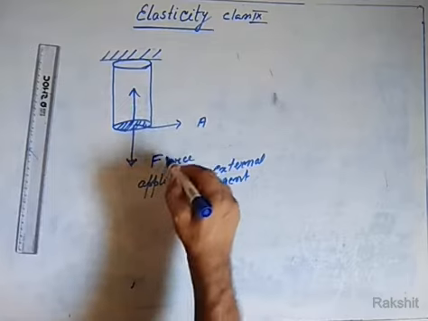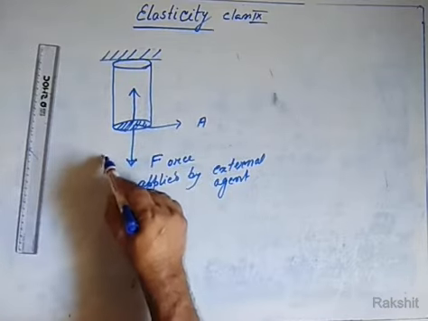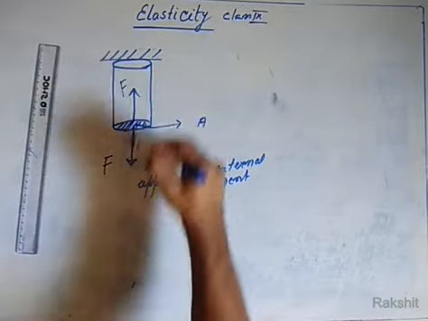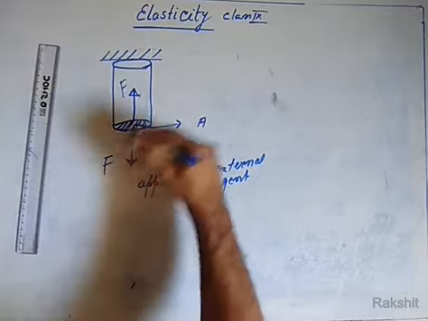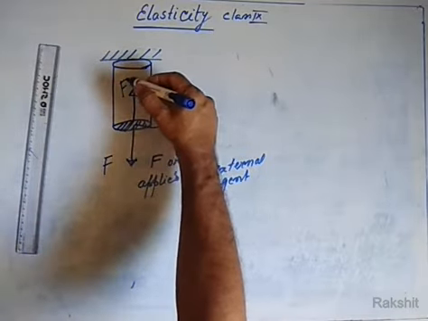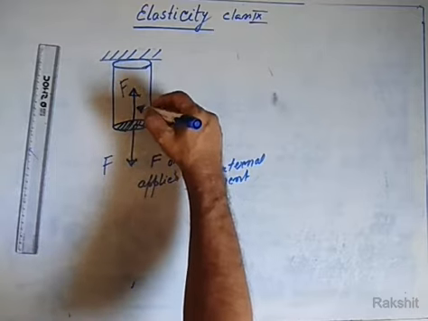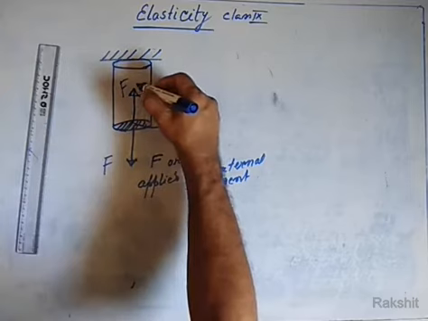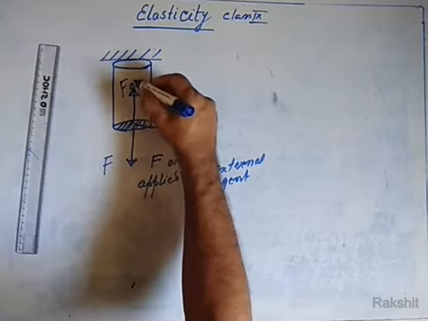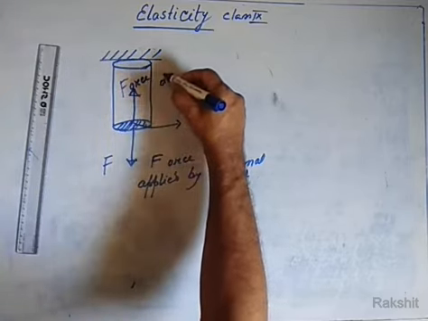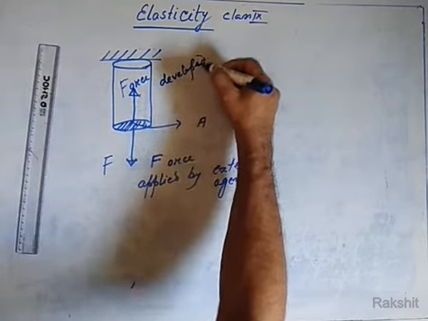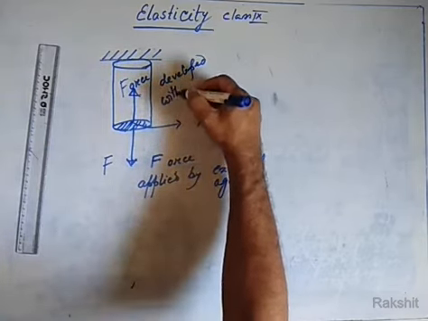That means if the magnitude of this force is equal to F, the magnitude of this force also will be F, but it will be directed upwards. Same force of same magnitude, but oppositely directed force will be developed within the body. So this is the force developed within the body.